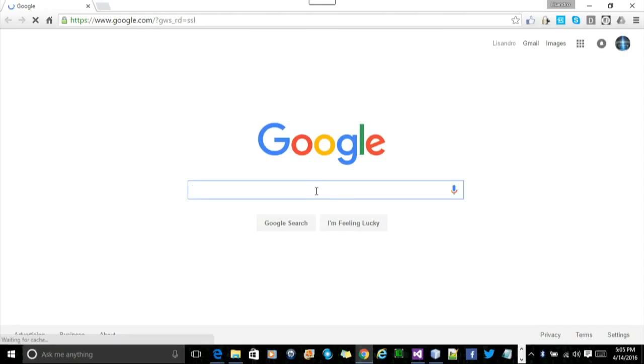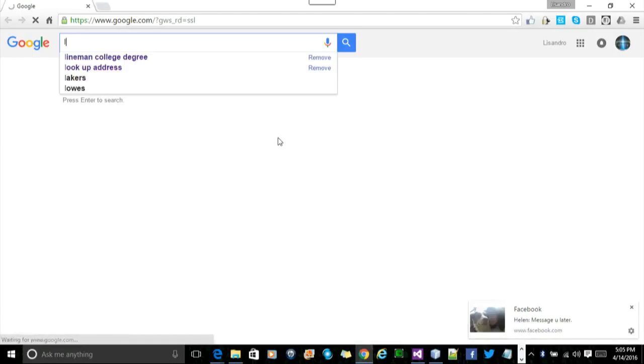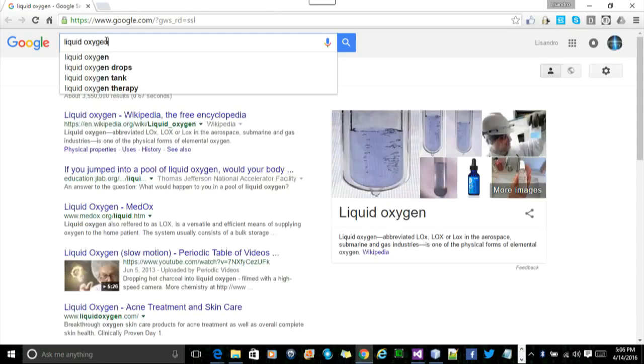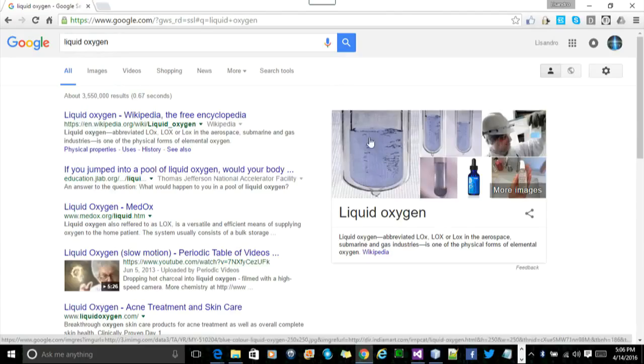Okay, so liquid oxygen. Okay, and as you can see here, it's kind of a violet blue. It's blue here, this guy holding it and all.